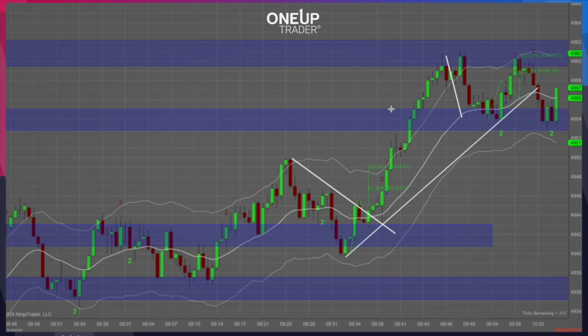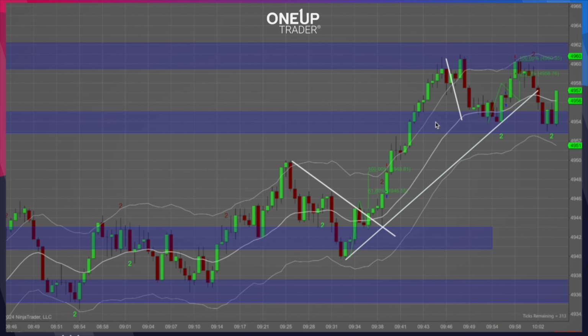Now, let's go down to another example. Not only am I looking for second entry longs in the direction of our overall market direction, which is up, our bullish market, I'm also looking for second entry short failures, right? Which is going to just be the inverse of a second entry long. So we have a new low formed down here.